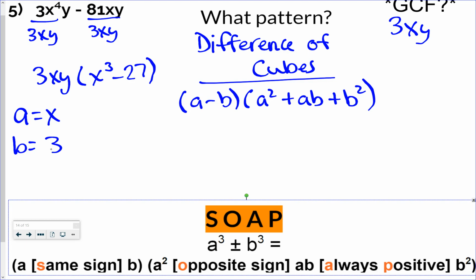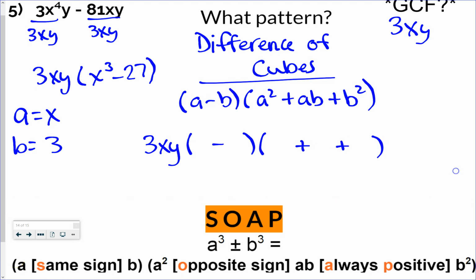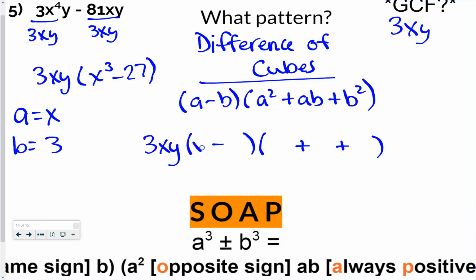Can I stop and you set it up? Okay. And we're not going to forget the GCF this time, me either. So don't forget that 3xy is still out here. Then plug everything else in. Okay, so what's in my first set of parentheses? X minus 3. Good. All right, how do I set up my next parenthesis?